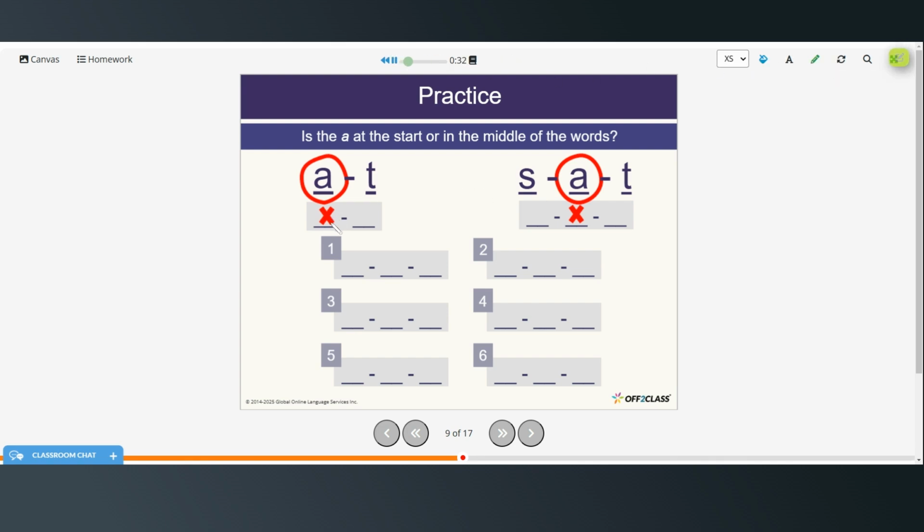At, sat, cat, apple, dad, map, ant, cap.